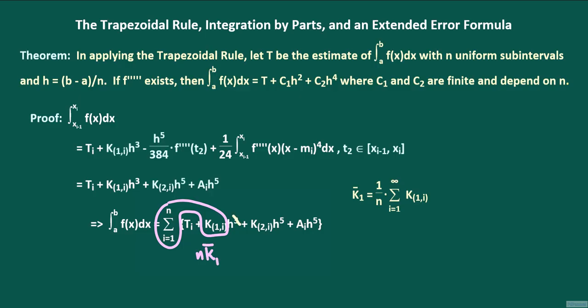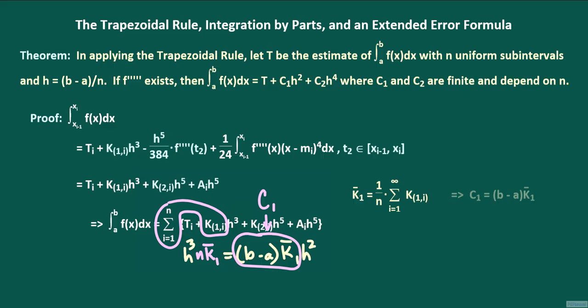We take one of the h's from h cubed and multiply it to n. h times n is b minus a, so that the order h cubed term in the summation is b minus a times k bar sub 1 times h squared. We set c sub 1 equal to b minus a times k bar sub 1. This gives us the h squared term in the theorem.